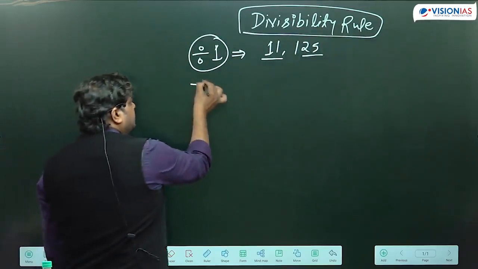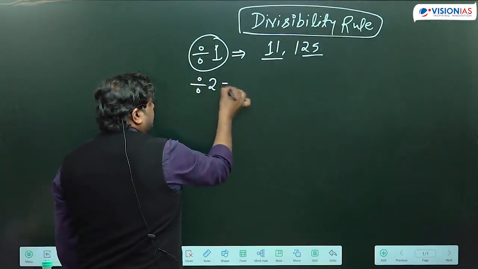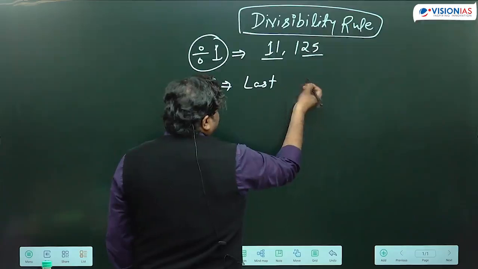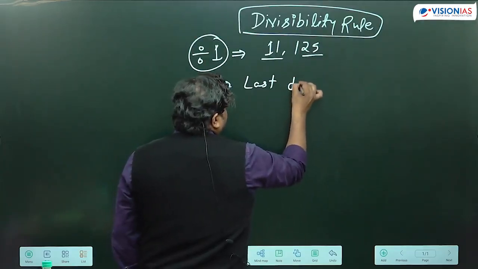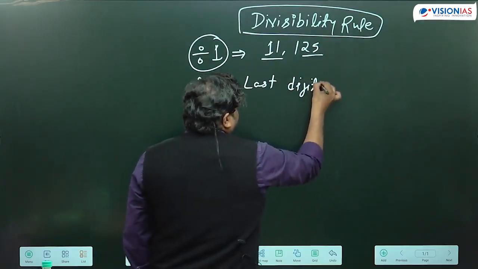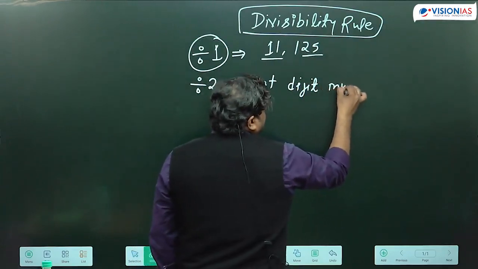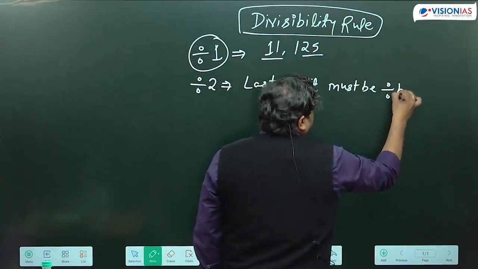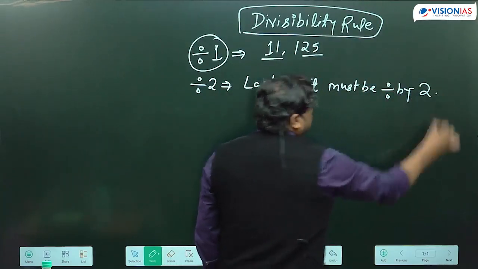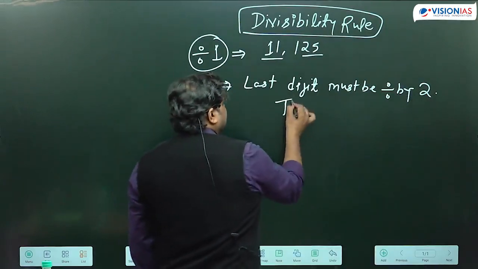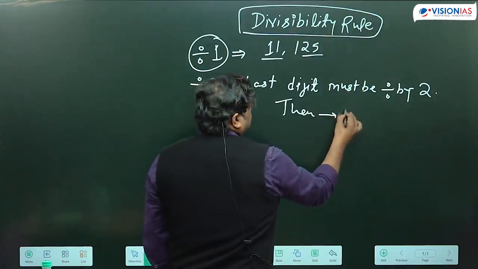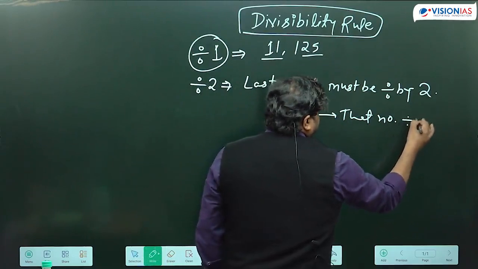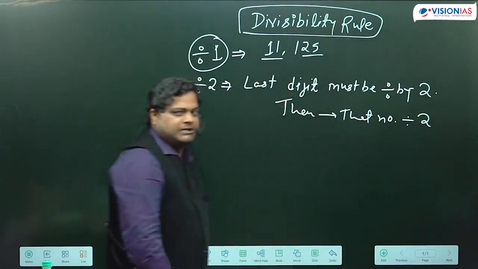Divisibility rule of 2, last 1 digit must be divisible by 2. Then we can say कि that number is also divisible by 2. यही बोल सकते हैं.